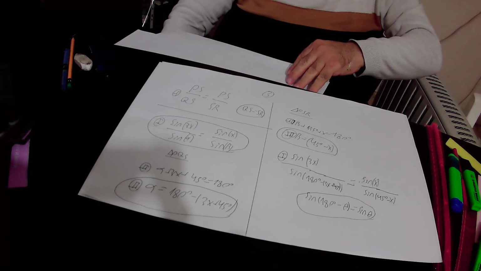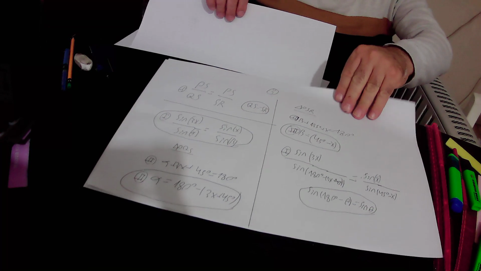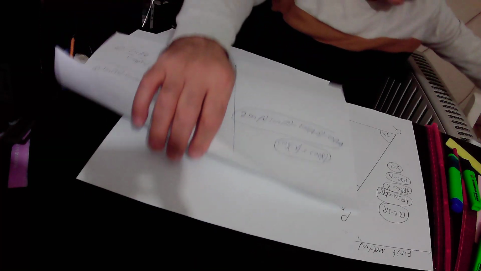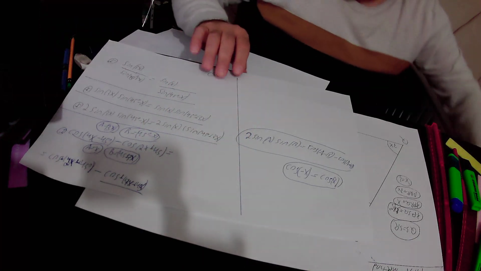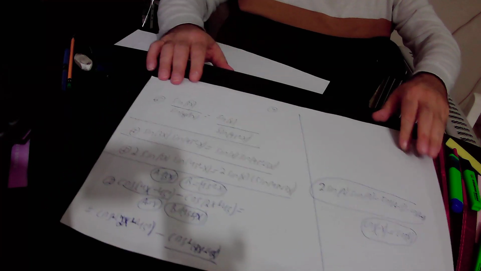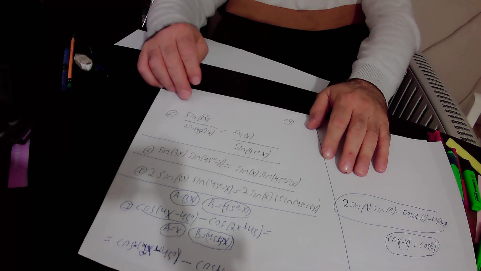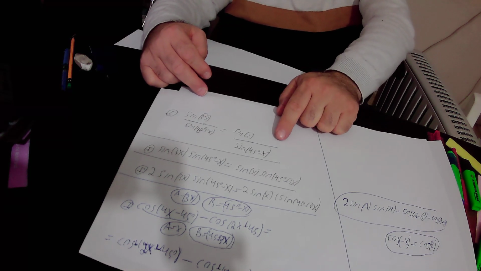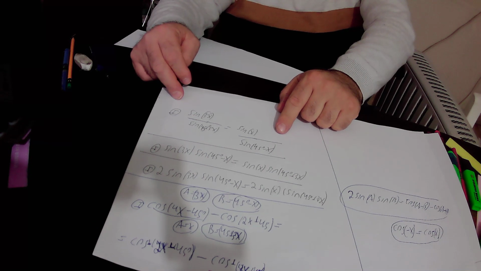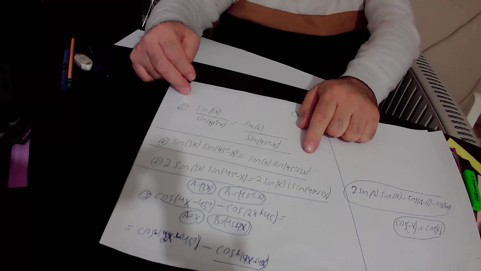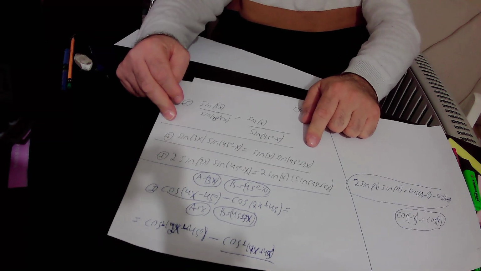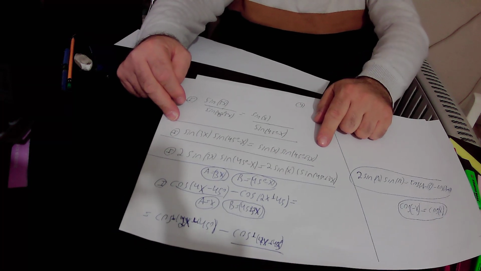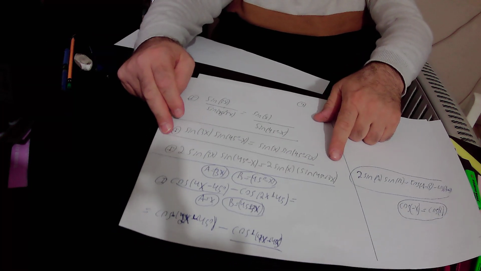So we did it, and we got that sine 3x over sine (45 degrees plus 3x) equals sine x over sine (45 degrees minus x). And then we multiplied equation number 1 by 2 and we got this expression.